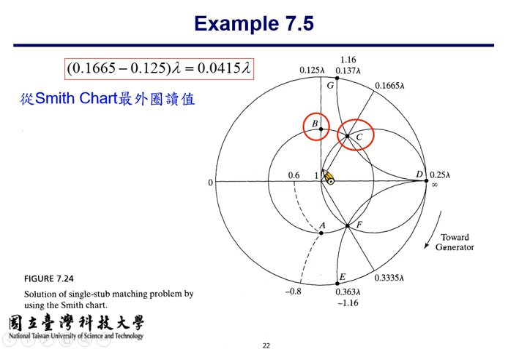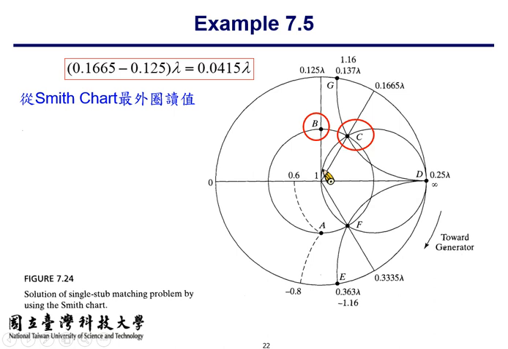So for a shortstop with zero length, where is its location? Well, over here, right? If you have a zero length shortstop, its admittance is infinity, so it happens to be on the right-hand side of the Smith chart. So point D is actually the admittance for a zero length shortstop.